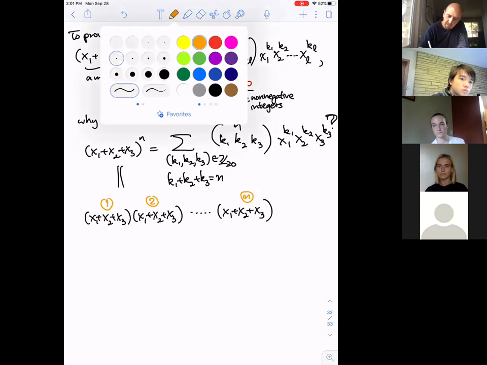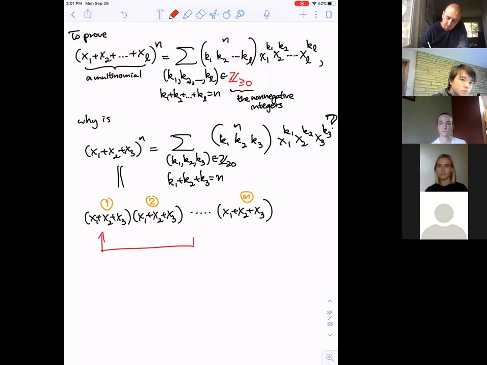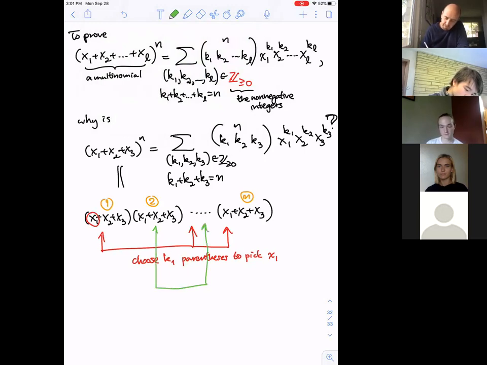And if you think about it, you have to choose k1 of the parentheses to pick the x1. Maybe that was one of them. And then there's another, maybe, choose k2 parentheses to pick the x2.